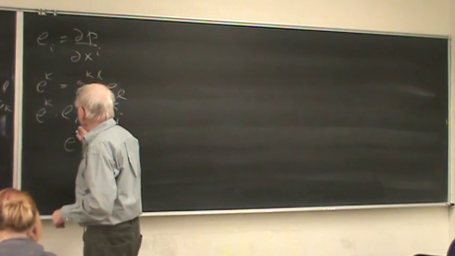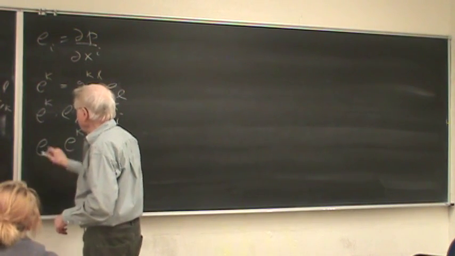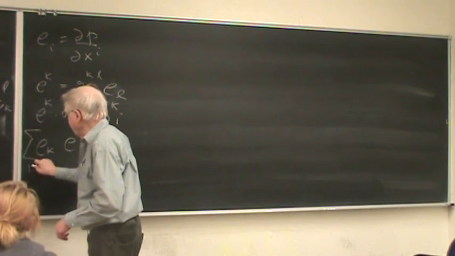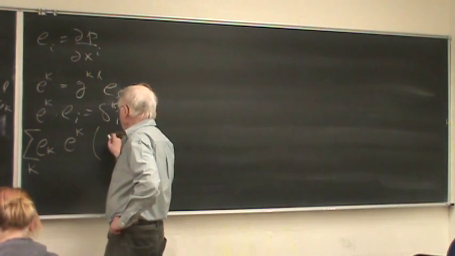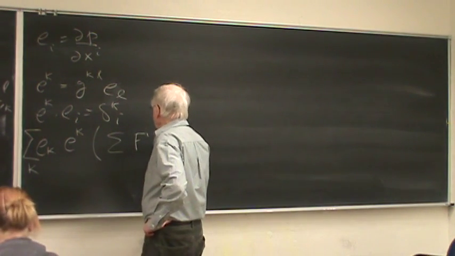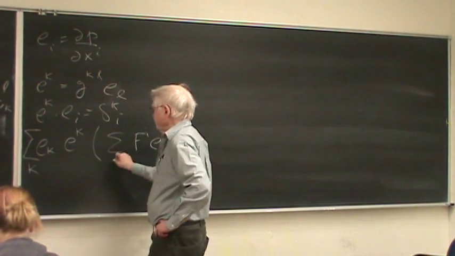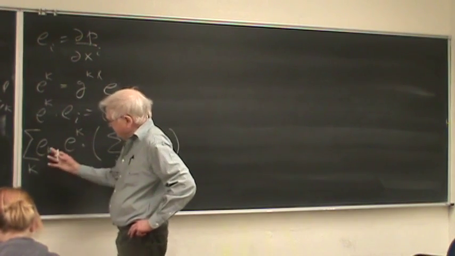In other words, if we have E_k and then an E^k here, and we sum over k, and we act on something, let's say F^i E_i, and I'm dotting this through, and this vector is just sitting there.